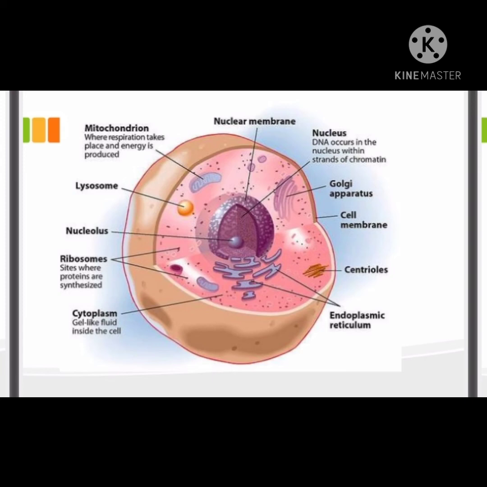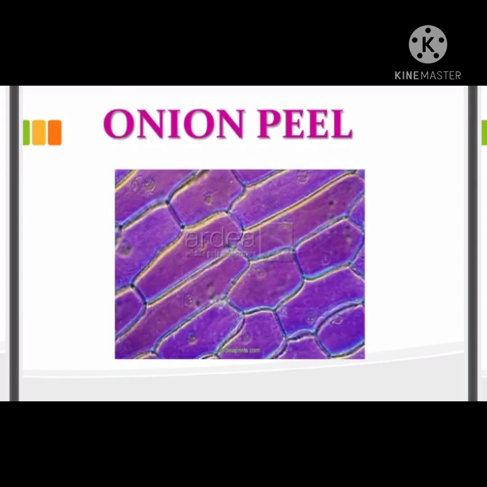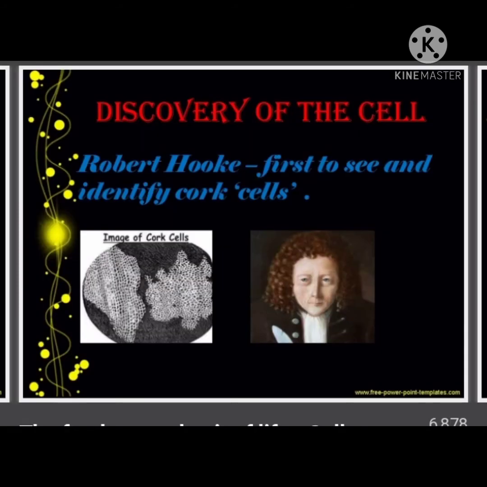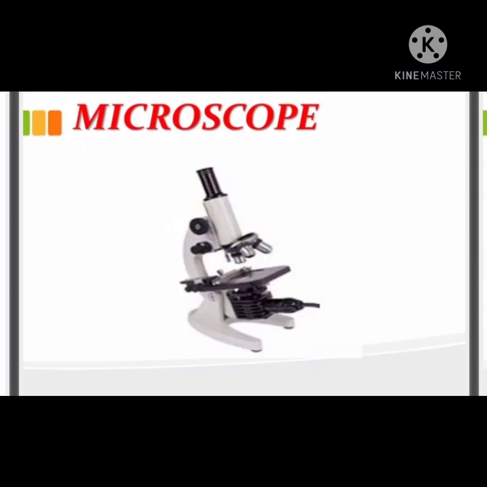Then the discovery of the cell. We know the story behind the discovery of the cell. Who was the scientist who discovered the cell? Yes, that is Robert Hooke, an English scientist. In 1665 he discovered the cell for the first time. At that time there were no improved microscopes. By using his self-made microscope, he observed the fine ultrastructure of the cell.